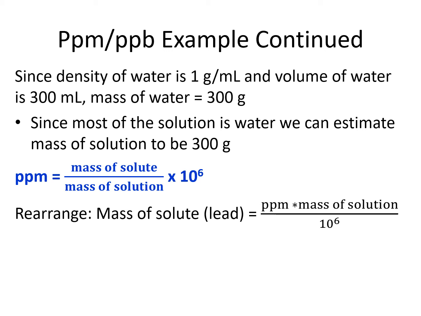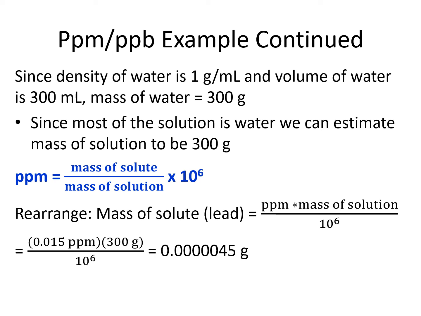We plug in our 0.015 parts per million, which we solved for earlier, times the 300 grams of water, which is our mass of the solution, and divide by our 10 to the 6th, and that gives us 0.000045 grams. Notice we get grams because the mass of the solution is in grams.